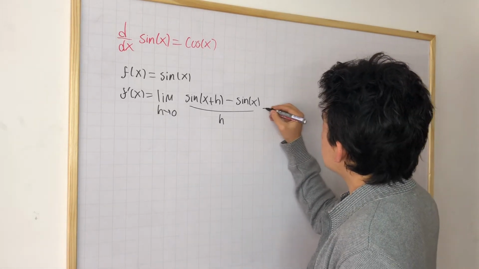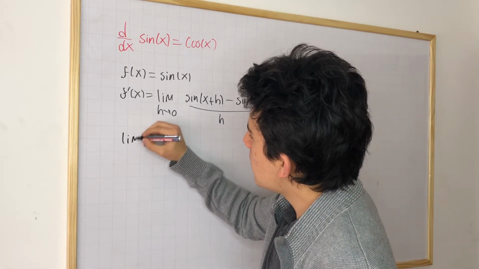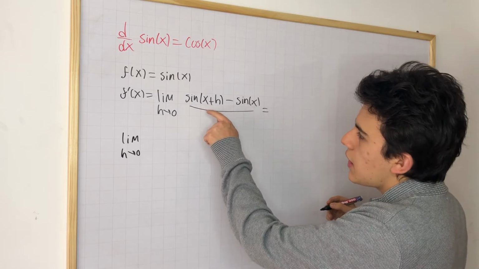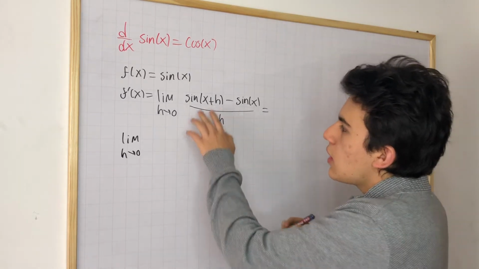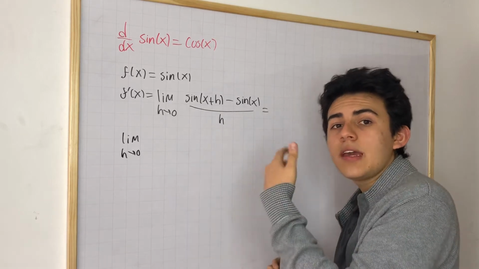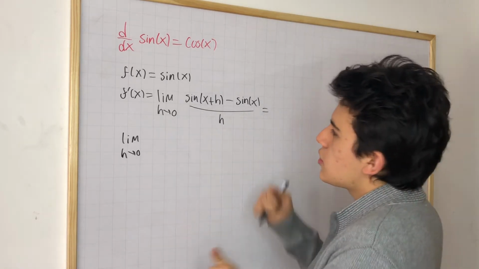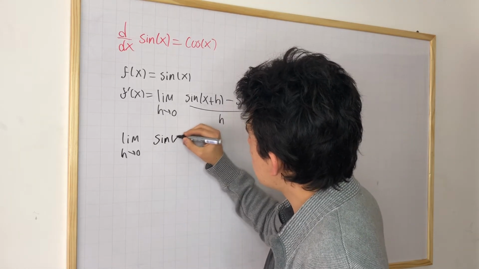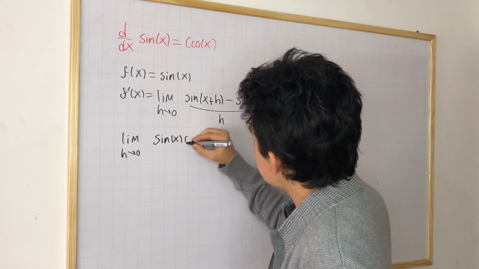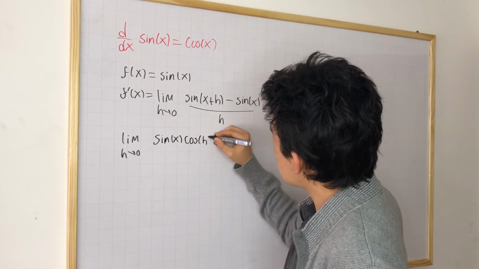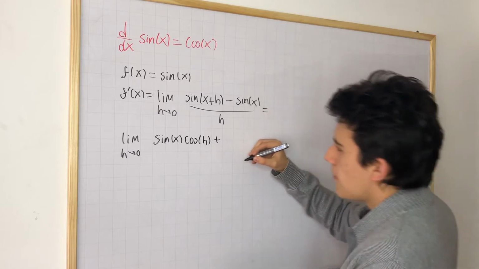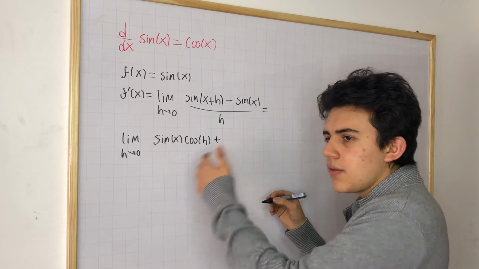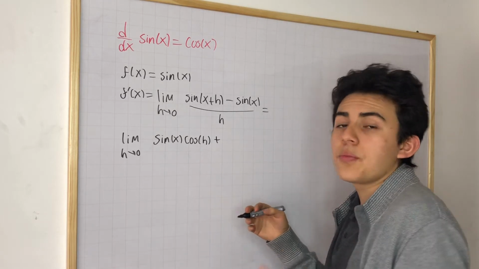Now we can take it as the limit as h approaches 0 for the function, and now we're gonna do something with sine of x plus h. When you have an input for sine that is a binomial, in this case you're adding, what you're gonna do is the following. You're gonna take sine of the first angle, sine of x, times cosine of the second angle, h, plus, now you might see, if you know the differentiation rules, it's almost the same as the product rule, okay?